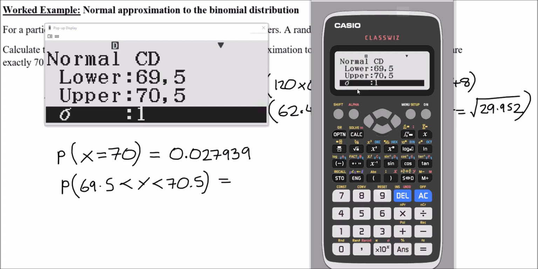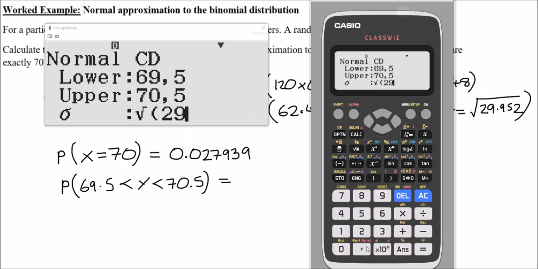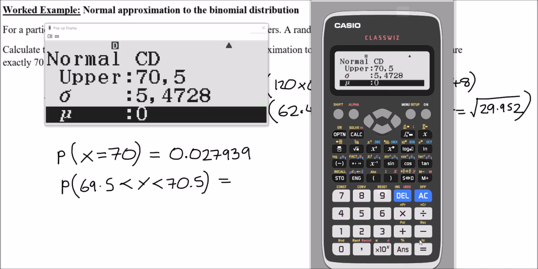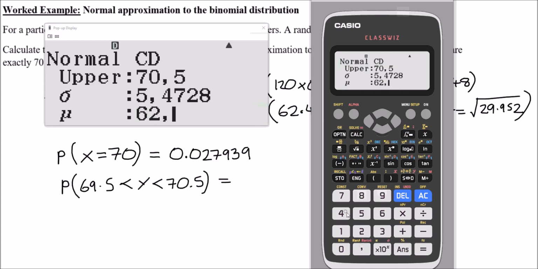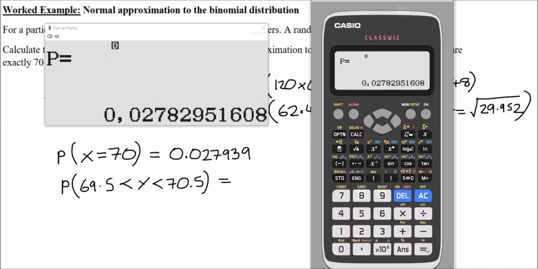This time, the standard deviation is the square root of 29.952. And the mean is 62.4, which is almost hidden there. So 62.4, press equals and equals again, and we get 0.027829.